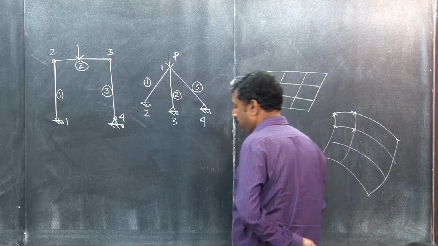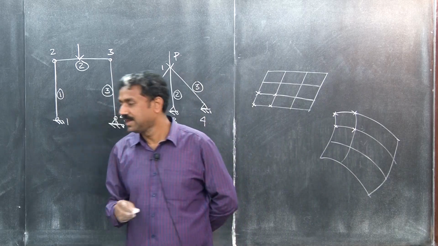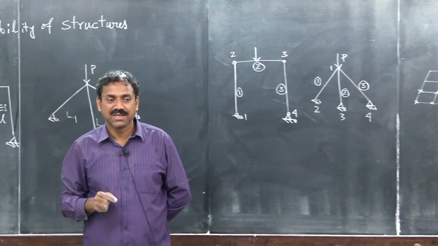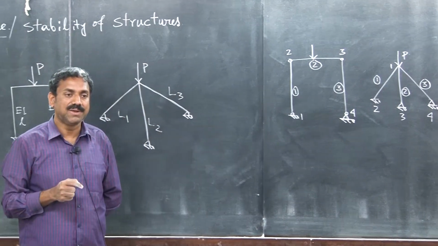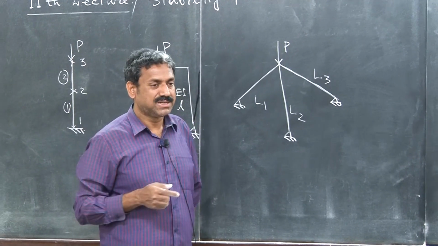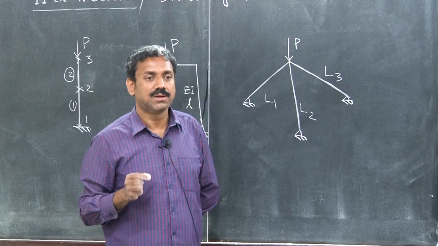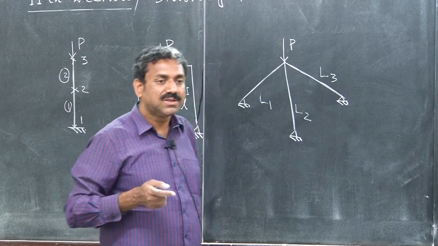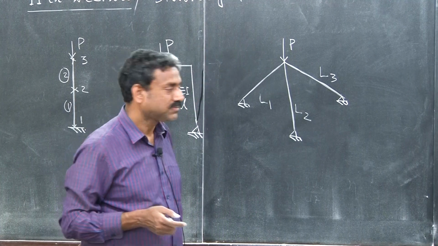Since all of you are already exposed to this, we have to find the element level stiffness matrix for each element, and then assemble them to form the global stiffness. All of you are aware of the global assembly, element level assembly, to form the structural stiffness matrix, right.